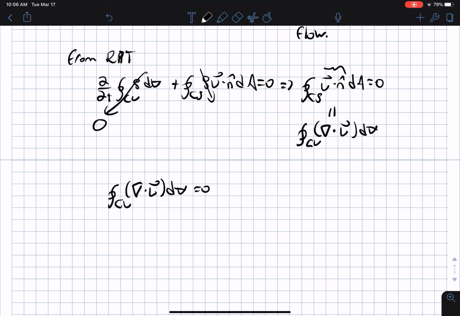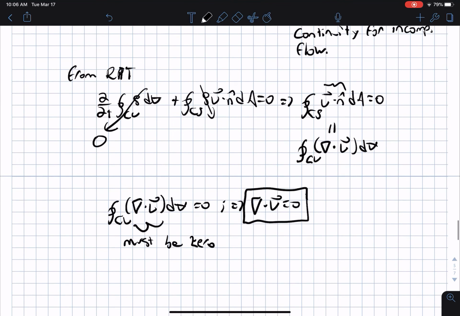And as we argued with the conservation of mass for a general fluid, the integrand must be 0. So this implies that the divergence of the velocity field is equal to 0. So this is entirely consistent with what we used as an incompressible flow when we worked with continuity earlier.